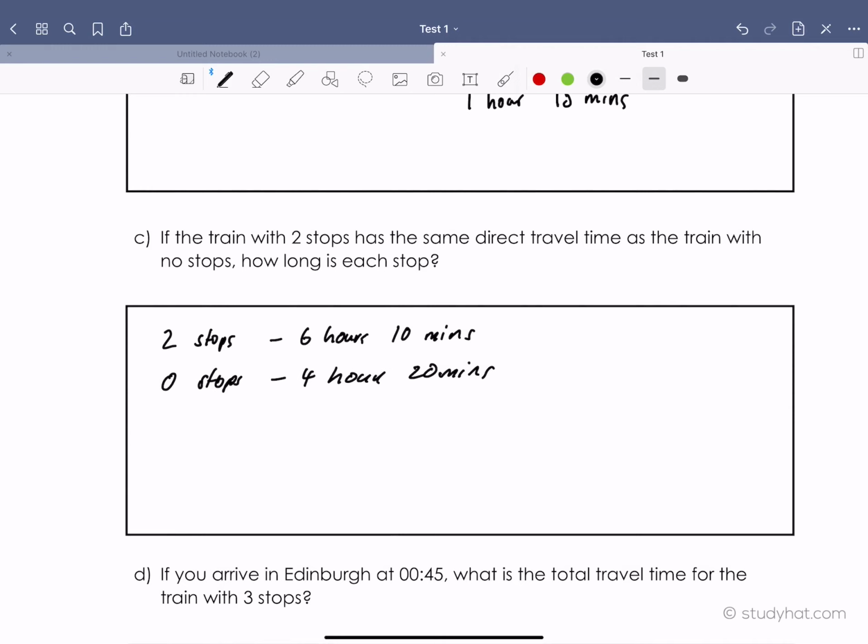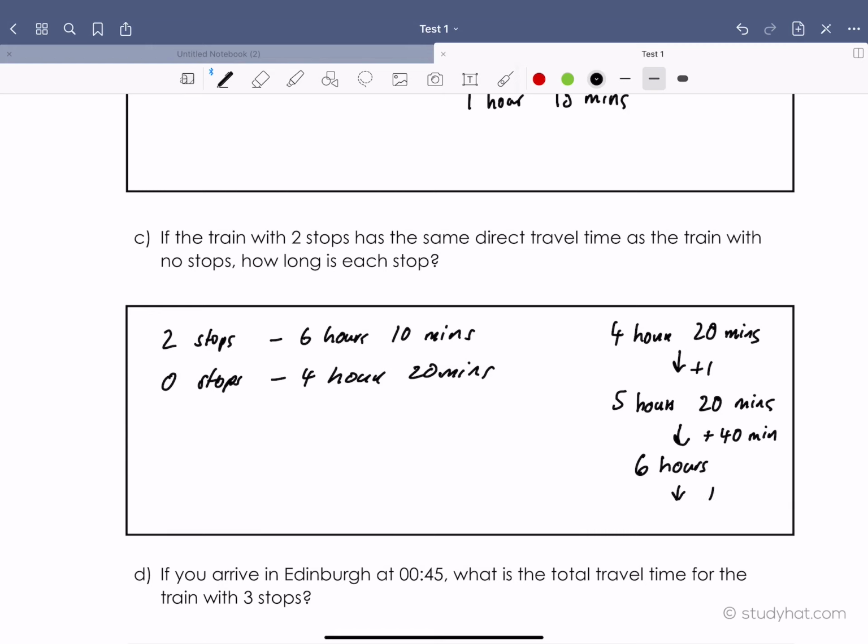Okay. If we start at 4 hours and 20 minutes, we go a whole other hour, we'll get to 5 hours and then 20 minutes. And then if we want to get to 6 hours, we go another 40 minutes. Yeah.